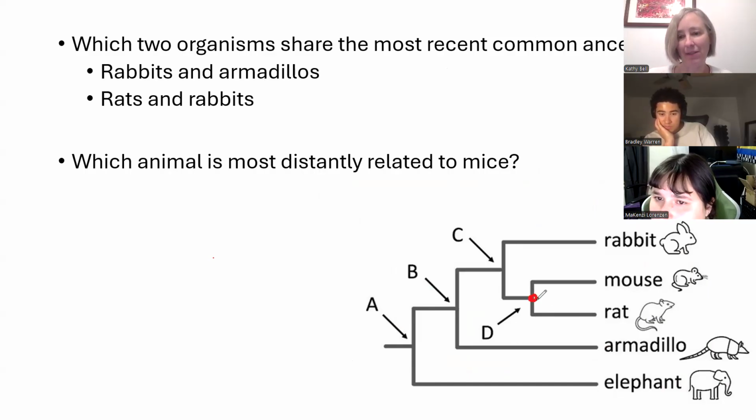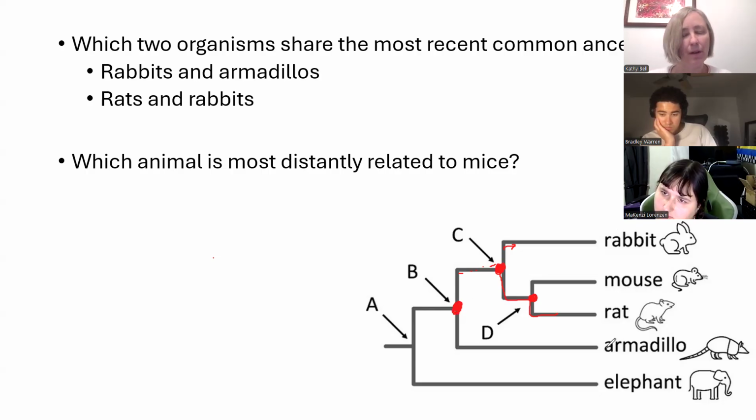Here's a common ancestor. And then if we work our way back again, here's a second common ancestor. And then this goes to the rabbits. So we've got two common ancestors between the rat and the rabbit. And then if we look at the rabbit and the armadillo, so if we do the rabbit, got a common ancestor there. And then here's a common ancestor here.